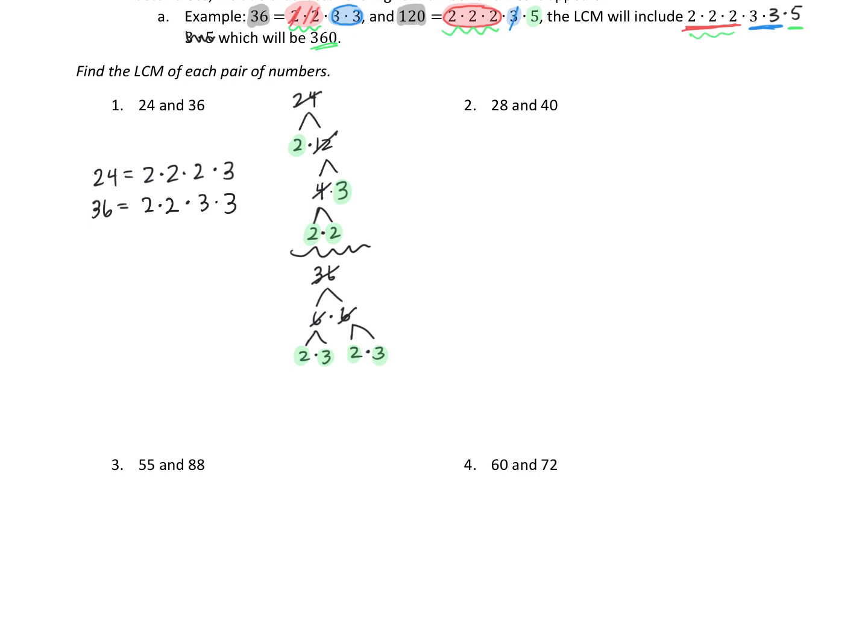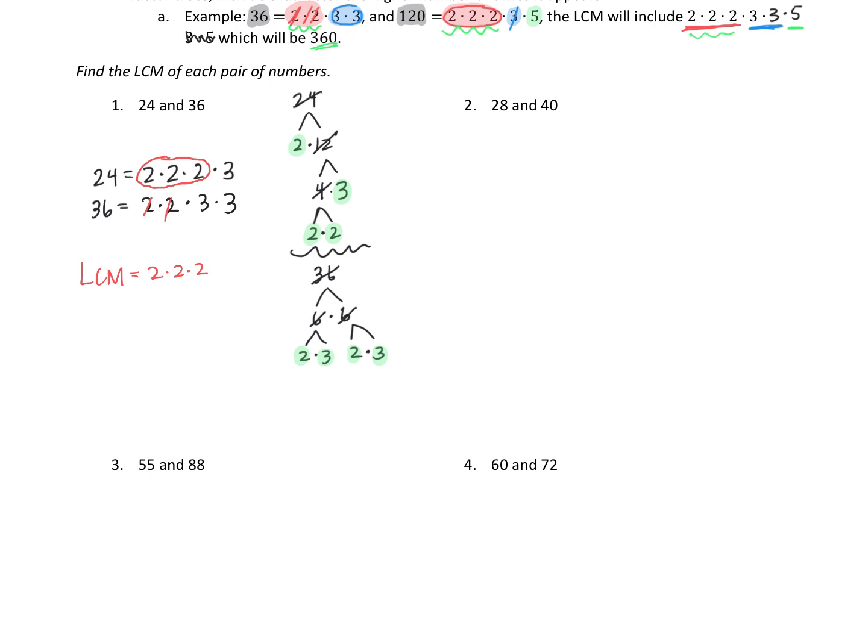So now to find out what my LCM is, I'm going to include each different number or each different factor, and I'm going to include it the most times it appears in either list. So for 24, I have 3 2's. In 36, I only have 2 2's, so I need to include 3 2's in my LCM.